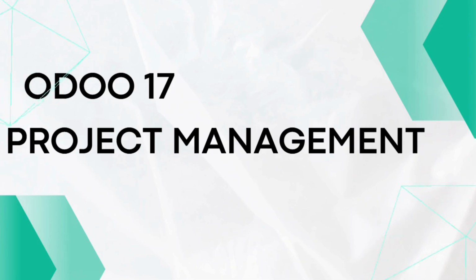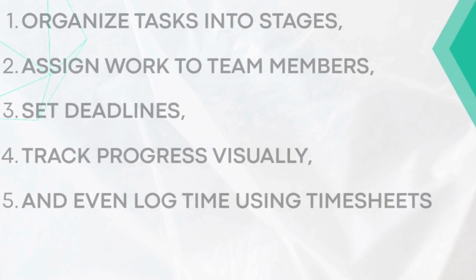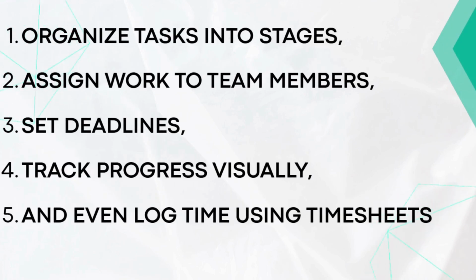Whether you are building a website, delivering a service, or managing any kind of projects, this tool helps you to organize your tasks into stages and assign work to team members, set deadlines, track progress visually, and even log time using timesheets. And it's perfect for all businesses that work project by project. Let's take a deep dive into how it works step by step.